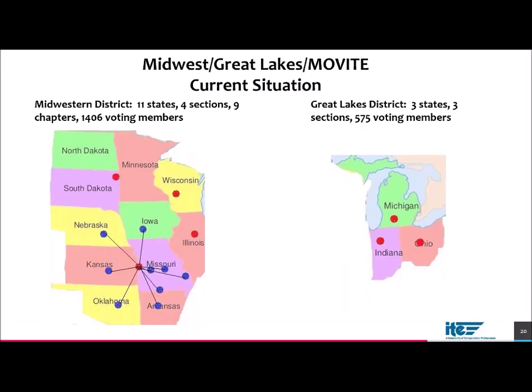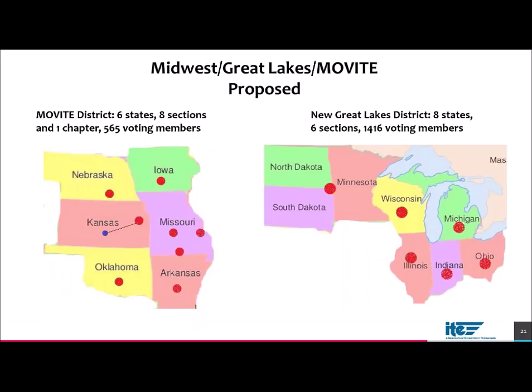And so those 2 boards have been working together on a possible reorganization in which the MOVITE section would become a district, and most of the chapters within MOVITE would be elevated to sections. And the Great Lakes district would become a true Great Lakes district in that Illinois, Wisconsin, and Minnesota would become part of that Great Lakes district.